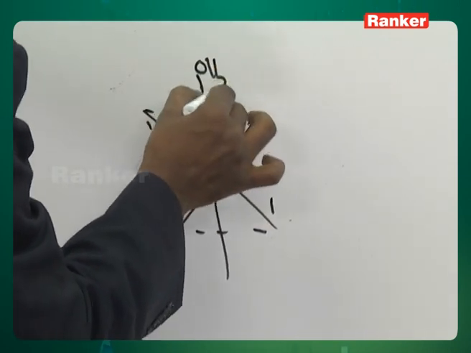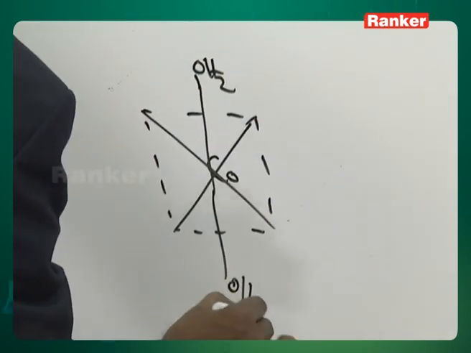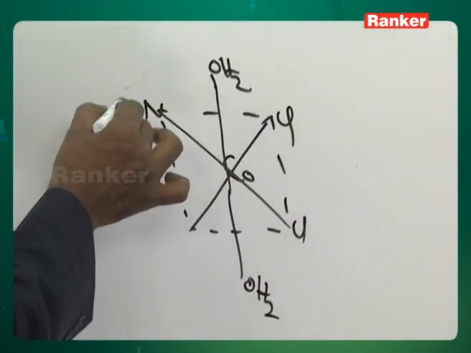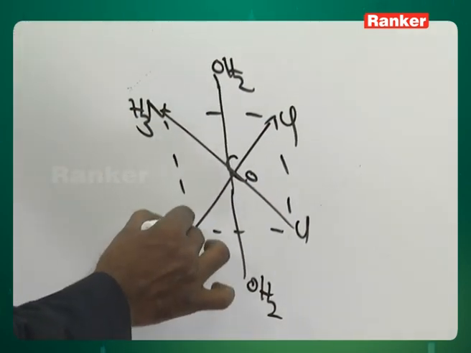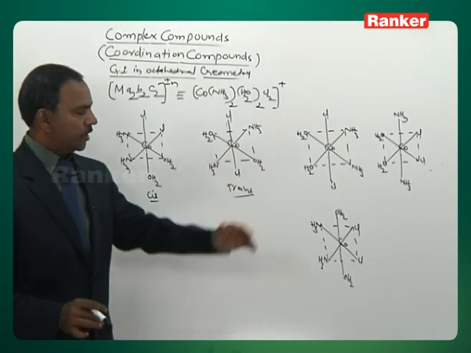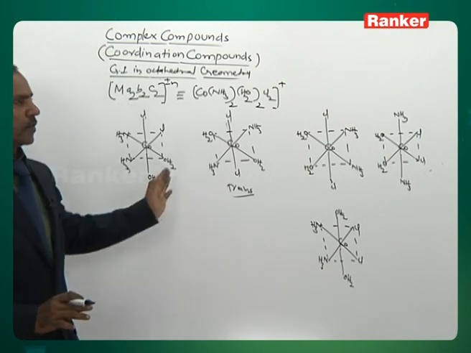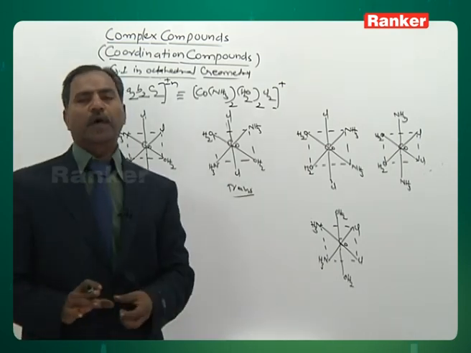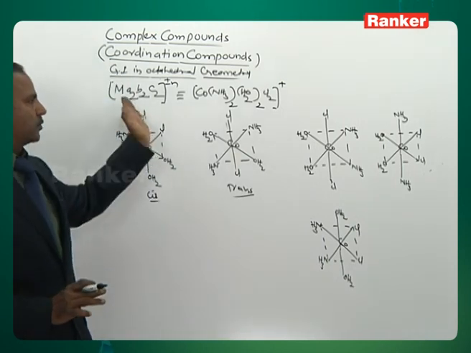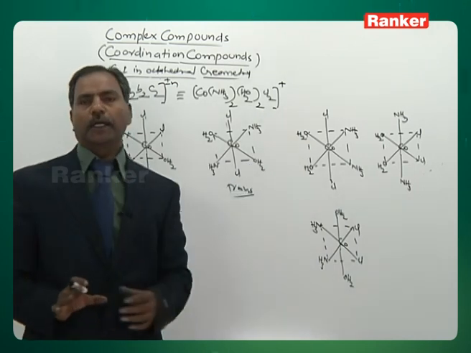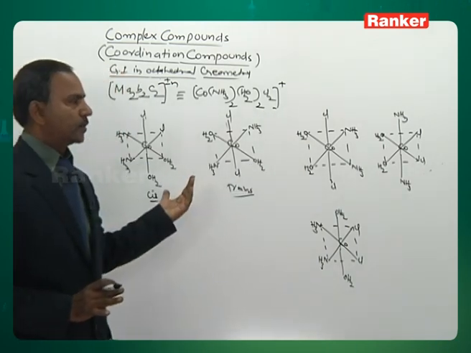The aqua ligands in the trans position, remaining chloride and amines kept in cis positions. So like this, 5 isomers are possible theoretically, but only 3 out of 5 are isolated. So the number of isomers possible theoretically is 5, and the isolable isomers are only 3.